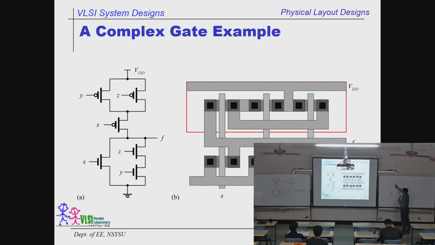For those two on the top, I forgot the metal. We need a metal over here. Basically, we need transistors 1, 2, and 3. Sorry, let me make it smaller so that you can understand they are lined up together.